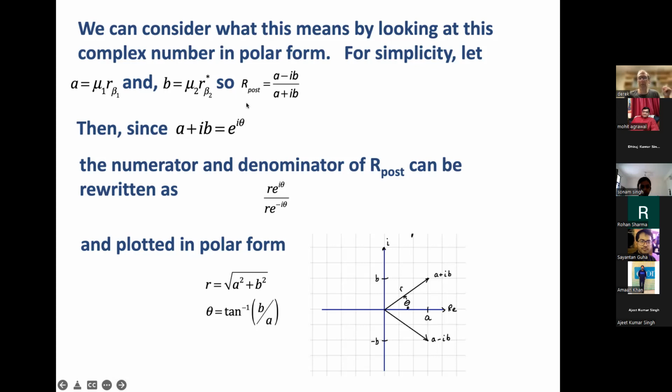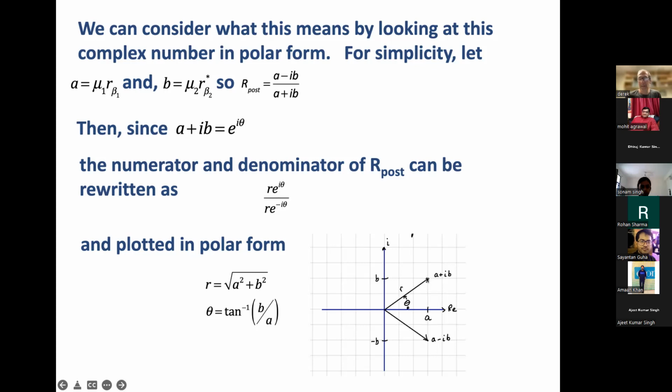So the post-critical reflection coefficient is A minus iB over A plus iB. And then we can use Euler's formula from complex numbers to say A plus iB equals R e to the i theta. And then we can rewrite the numerator and denominator of the post-critical reflection coefficient as R times e to the i theta over R times e to the negative i theta.